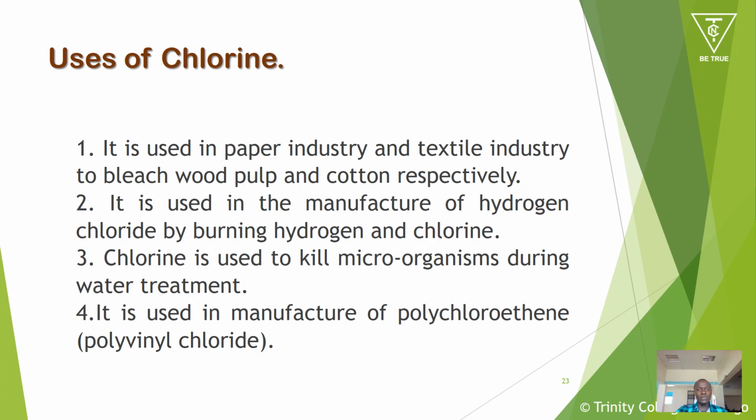It is used in the manufacture of hydrogen chloride on a large scale in industries by reacting hydrogen gas with chlorine. It is used in water treatment to kill microorganisms that are dangerous to living organisms. It is also used in the manufacture of polychloroethene, or polyvinyl chloride. This polyvinyl chloride is the substance used to make the insulation on wire cables in our homes.